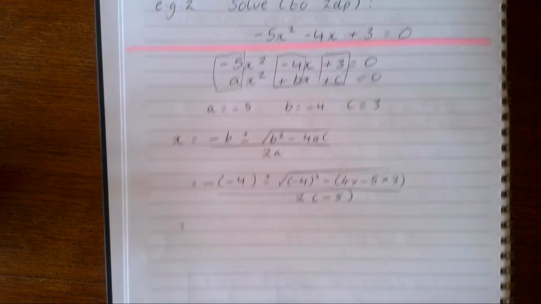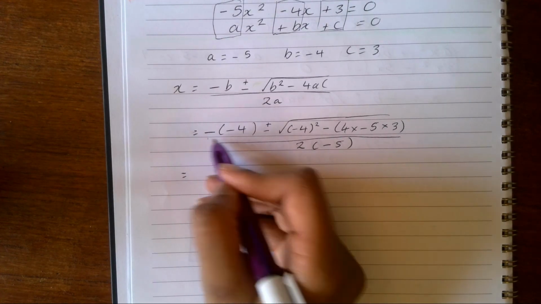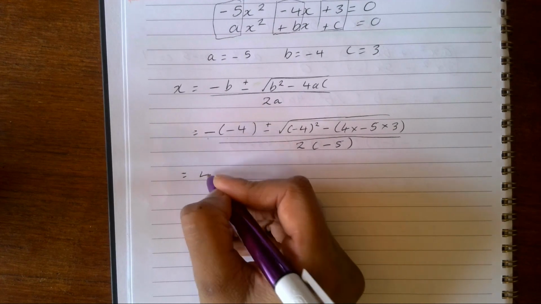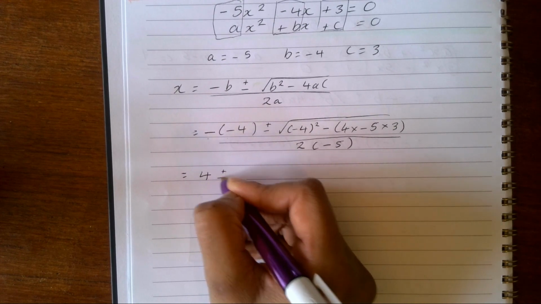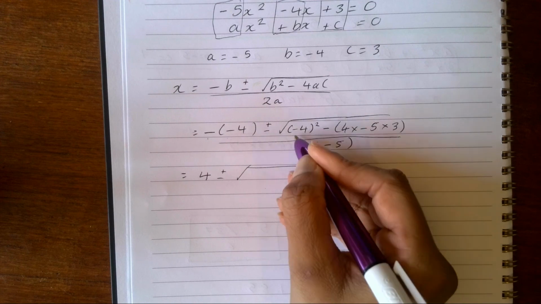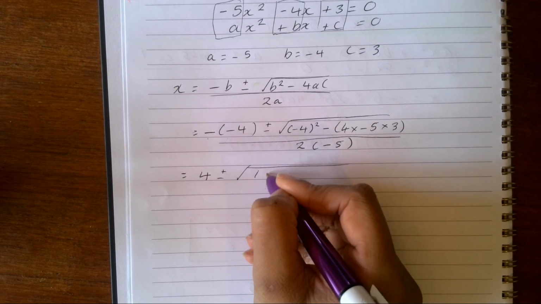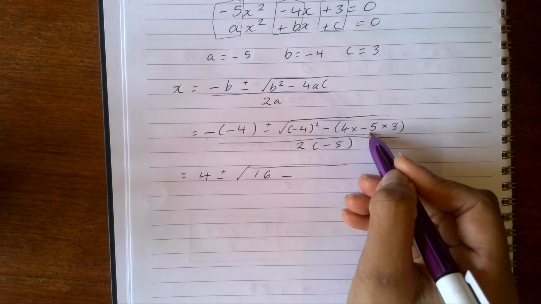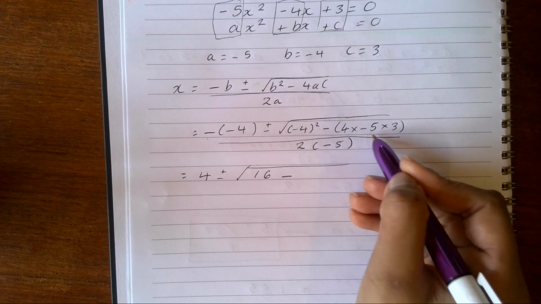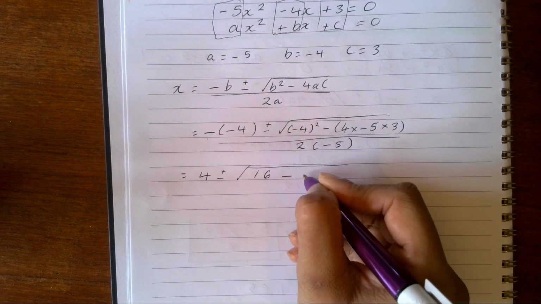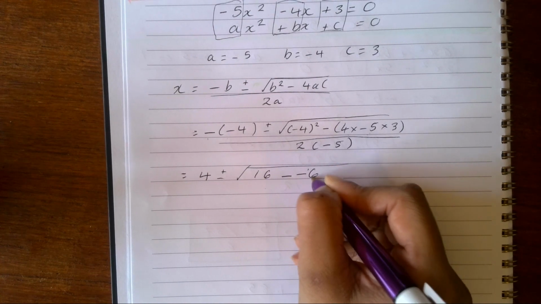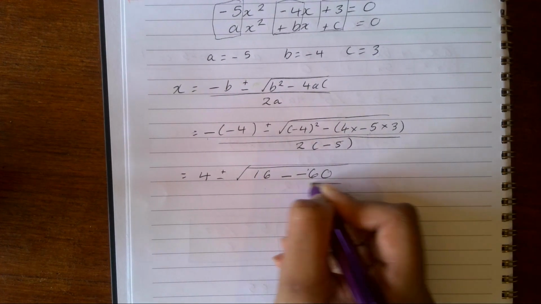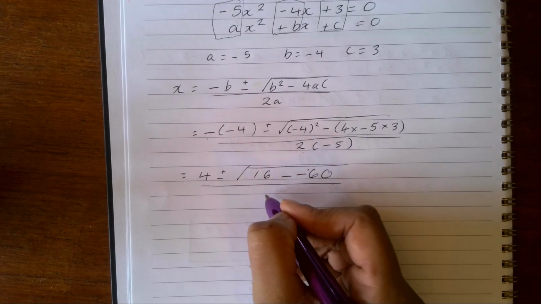So minus and a minus makes a plus, that's positive 4, plus minus the square root of minus 4 squared is 16, minus, and then 4 times minus 5 is minus 20, minus 20 times 3 is minus 60, all over, and then 2 times minus 5 is minus 10.